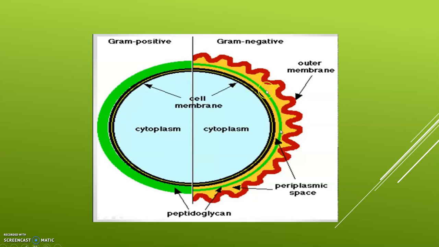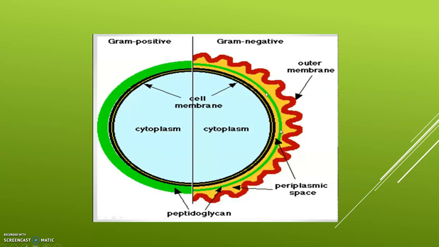As it is thin and not so tightened and shrunken, the complex can escape out of the cell wall. So that is why the crystal violet stain gets trapped in gram-positive bacteria, while in gram-negative it can escape. So here it becomes decolorized. The crystal violet stain is removed.